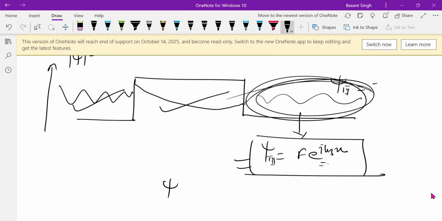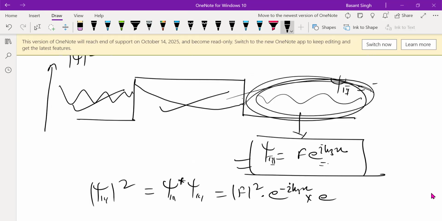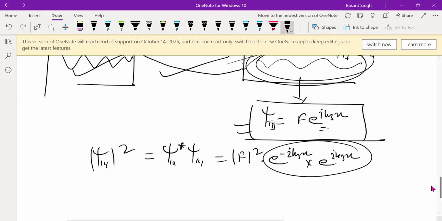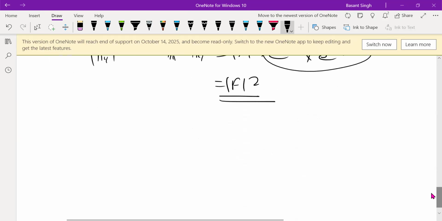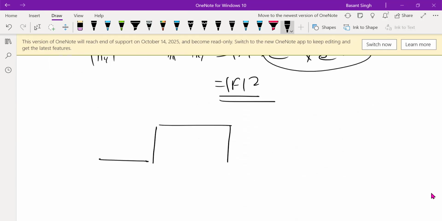Hence psi star psi, because I have to calculate mod psi square, gives for the third region F square times e to the power minus i k3x into e to the power i k3x, and this is equal to 1. So the mod psi square is only F square, and hence this becomes a straight line, a constant.